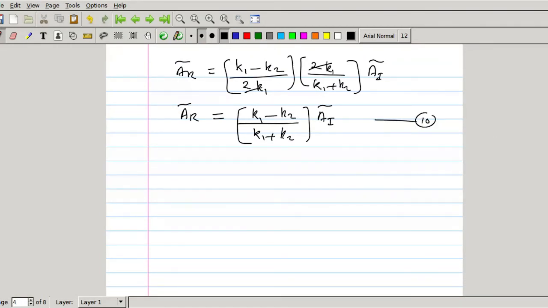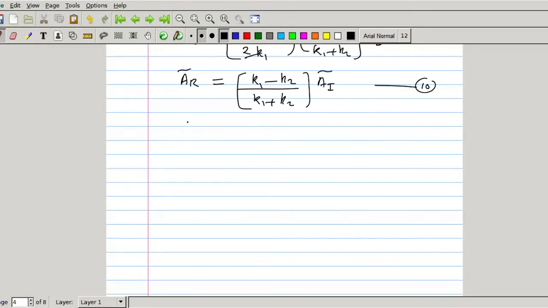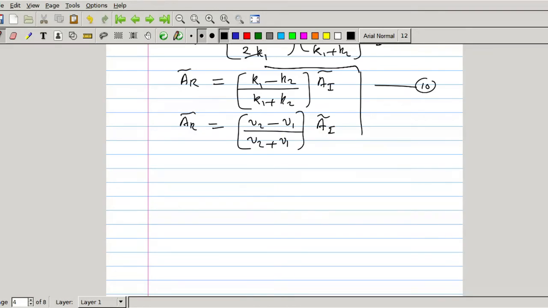Or in terms of velocity V1 and V2, we can write this equation as A reflected equal to V2 minus V1 by V2 plus V1 into AI. So this is the expression for reflected wave in terms of incident wave. So these are the complex amplitudes.